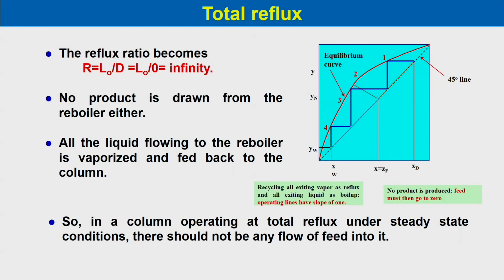So, you can see over here recycling all exiting vapors as reflux and all exiting liquid as boil off. So, operating line has slope of 1, no product is produced, that is feed must then go to 0. So, we should not give any feed during this operation.